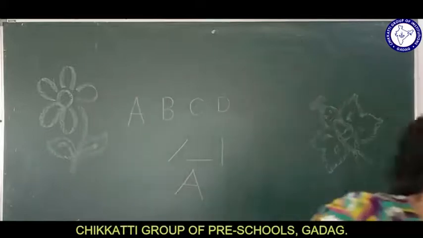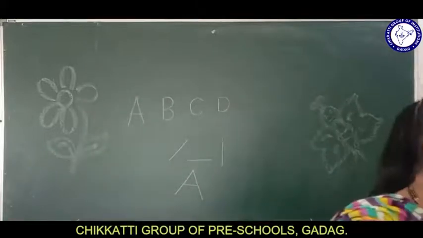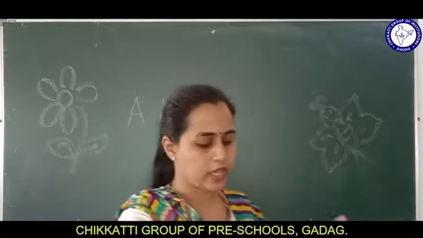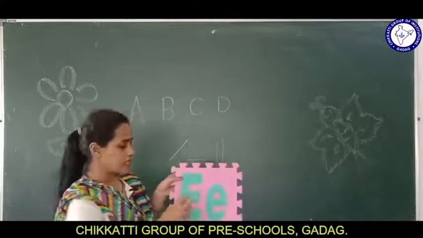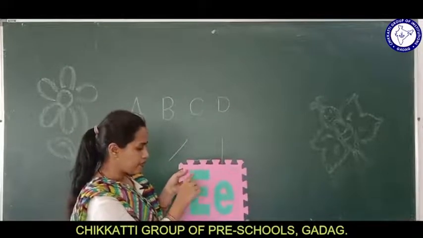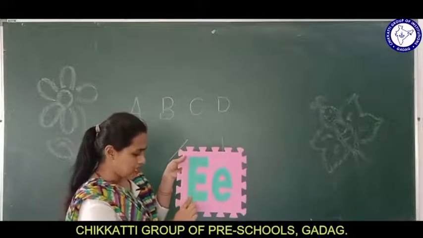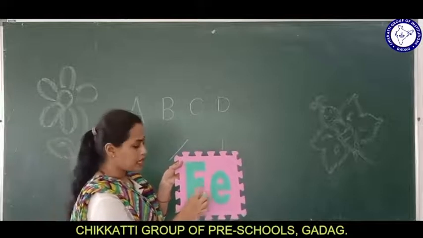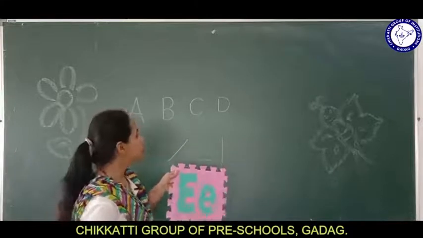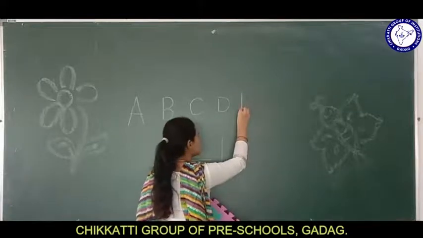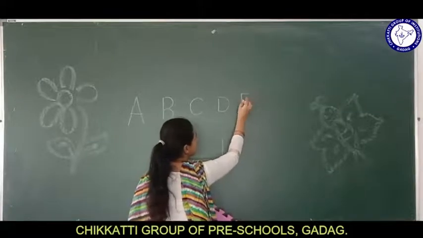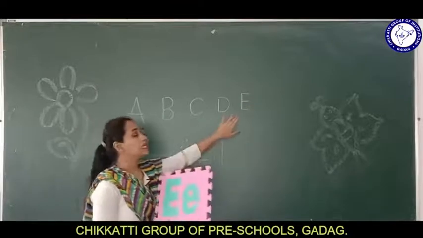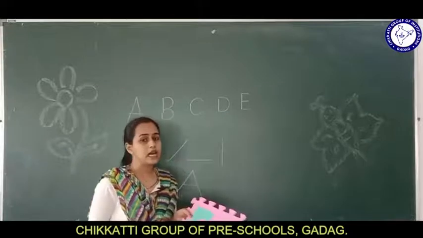Here we go for the next alphabet, which is E. Can you tell me what this is? It's an E, right? How to write? Standing line, sleeping line, leave, sleeping line, leave, sleeping line. It will become E. What is the E sound?